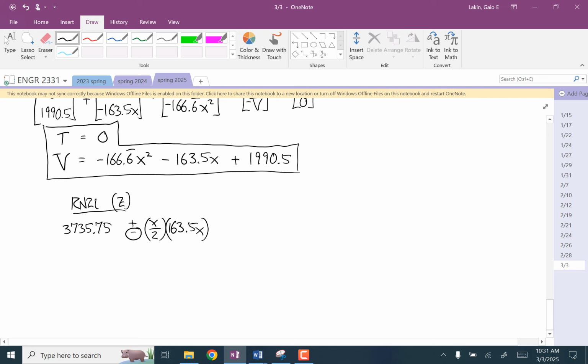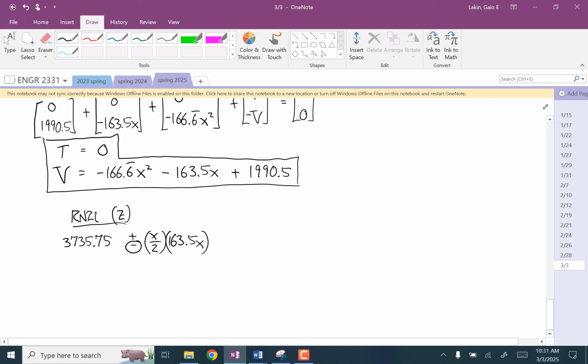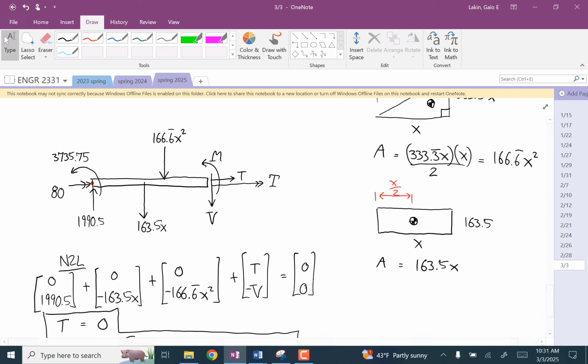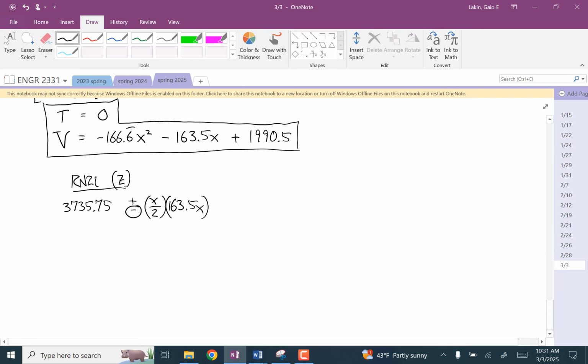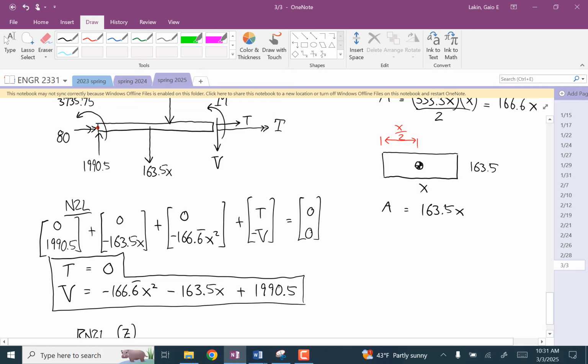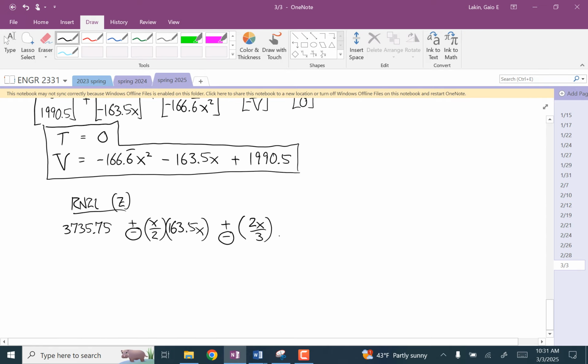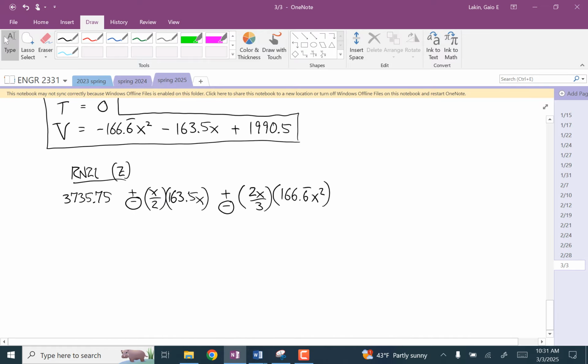Clockwise means negative. And then we have another clockwise moment with a moment arm of 2x over 3, times 166.6 repeating x squared. And then plus m minus vx is equal to 0.